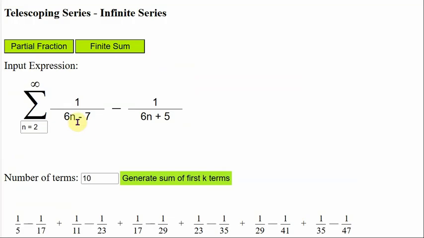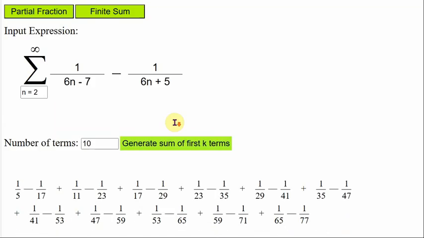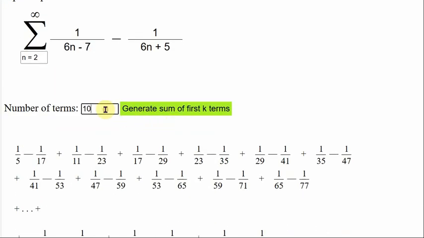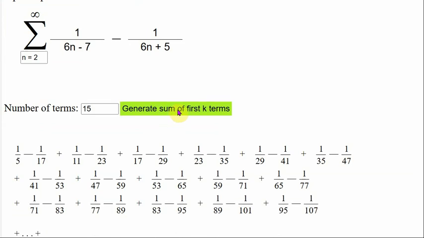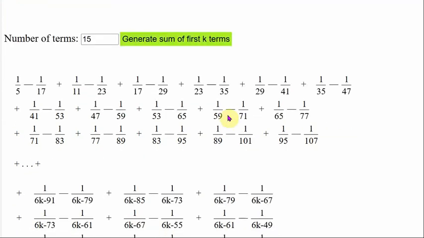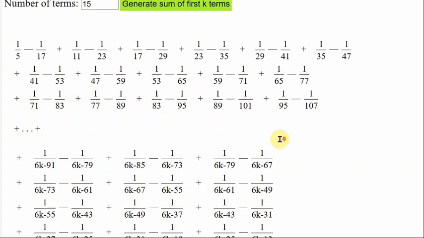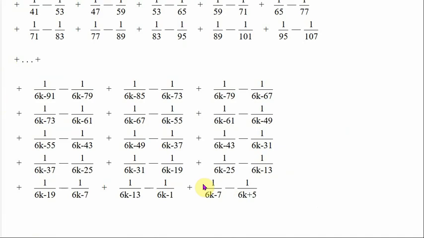And here's our infinite series again with the expression 1 over 6n minus 7 minus 1 over 6n plus 5. Let's generate the first 15 terms. So here are the first 15 terms, and then this is the kth term. In the place of n, we just have k.